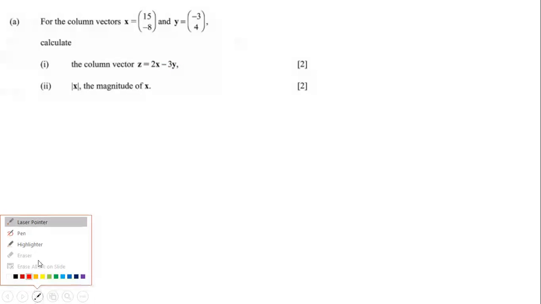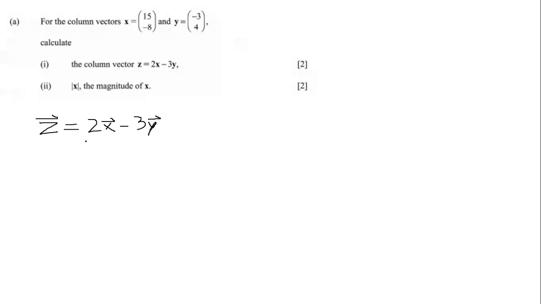So let us consider what the column vector z would be. I'm going to denote it using an arrow to indicate that it's a vector. The vector z is going to be equal to 2 times the vector x, and because it's a vector we put the arrow, minus 3 times the vector y.